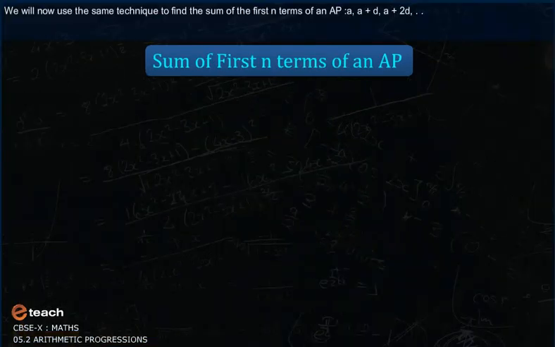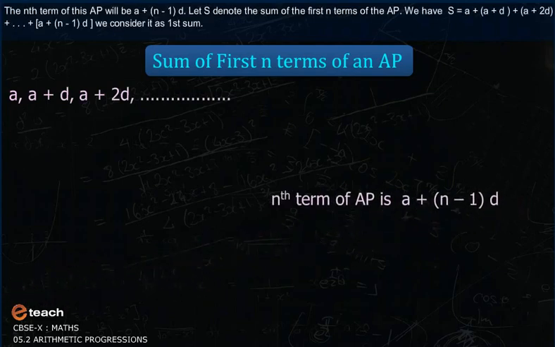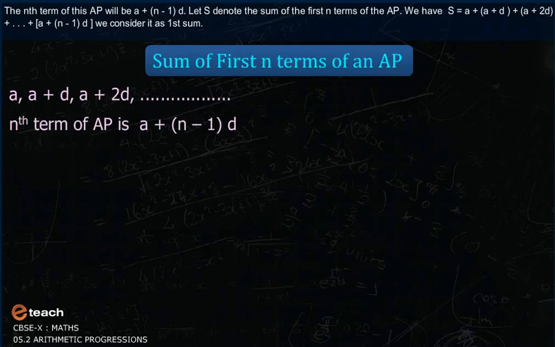We will now use the same technique to find the sum of the first n terms of an AP: a, a plus d, a plus 2d and so on. The nth term of this AP will be a plus into bracket n minus 1 d. Let s denote the sum of the first n terms of the AP.